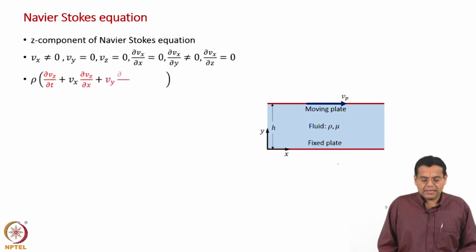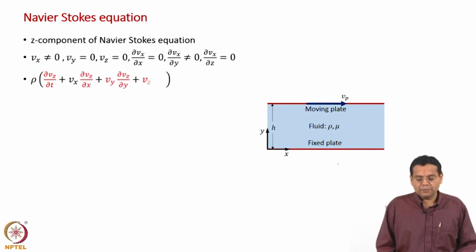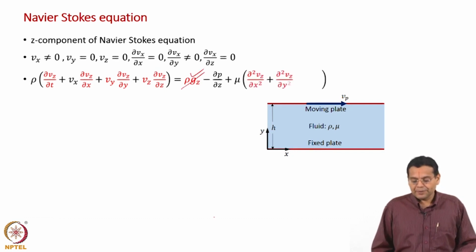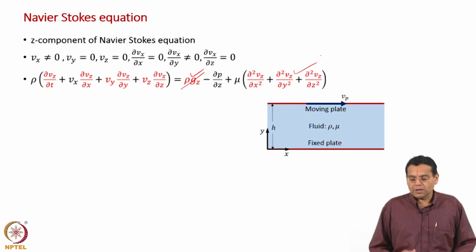On the left hand side, once again, because v is equal to 0, the left hand side vanishes. On the right hand side, there is no gravity along the z direction, so that goes to 0, and all the viscous terms become 0 because v is 0.